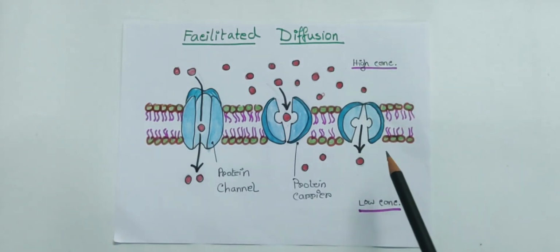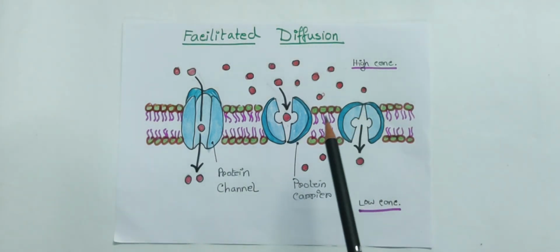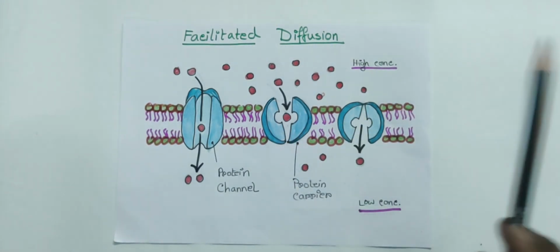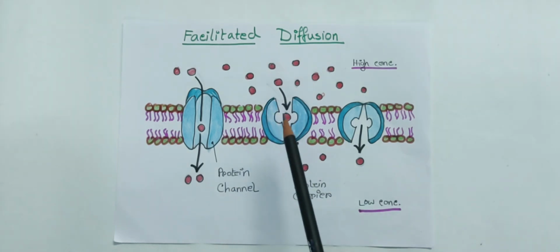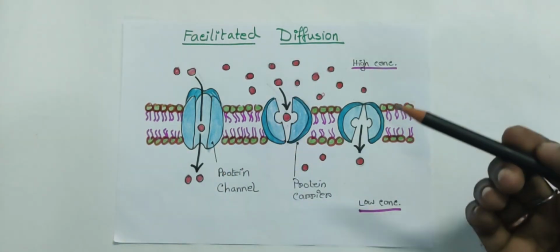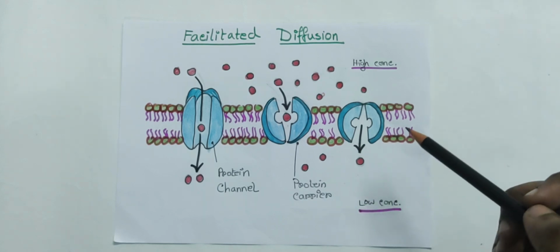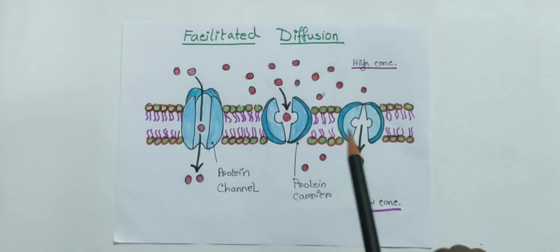That is antiport. So these also come under active transport, but they require energy. But here in passive transport, uniport and symport are the types of transport where no energy is required. So these are the facilitated diffusion.